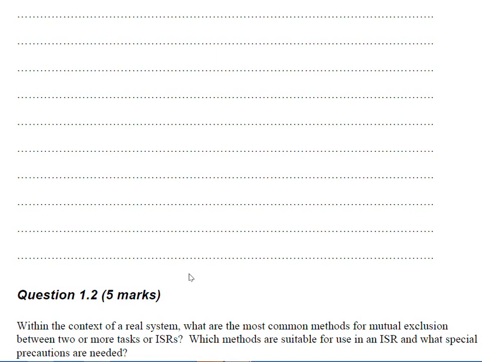Okay, what about interrupt service routines? You can't use a semaphore in an interrupt service routine, because if you block an interrupt service routine, the whole operating system can come to a grinding halt, because interrupts need to be processed. So how do you do that?